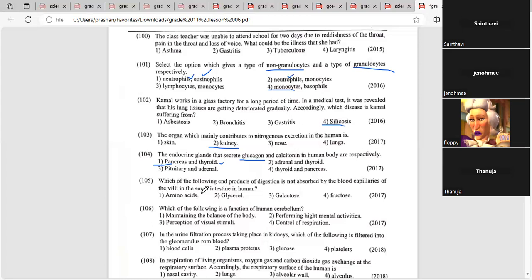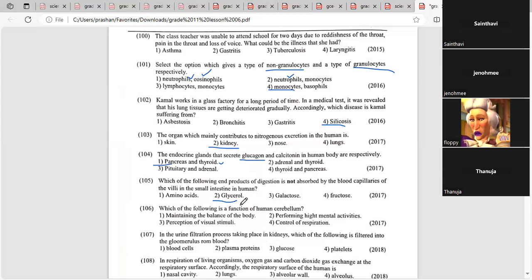Next question. Which of the following end products of digestion is not absorbed by blood capillaries of the villi in the small intestine in human? Okay. In the small intestine, as I told you, there are villi. They absorb nutritious digestive products. Okay. Amino acid is absorbed, galactose, fructose. Those kinds of monosaccharides are absorbed, but glycerol is not absorbed by blood capillaries.